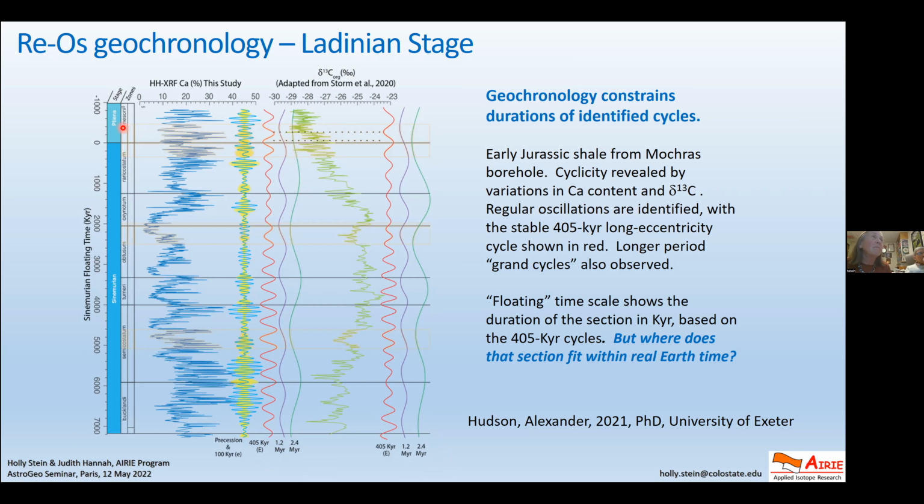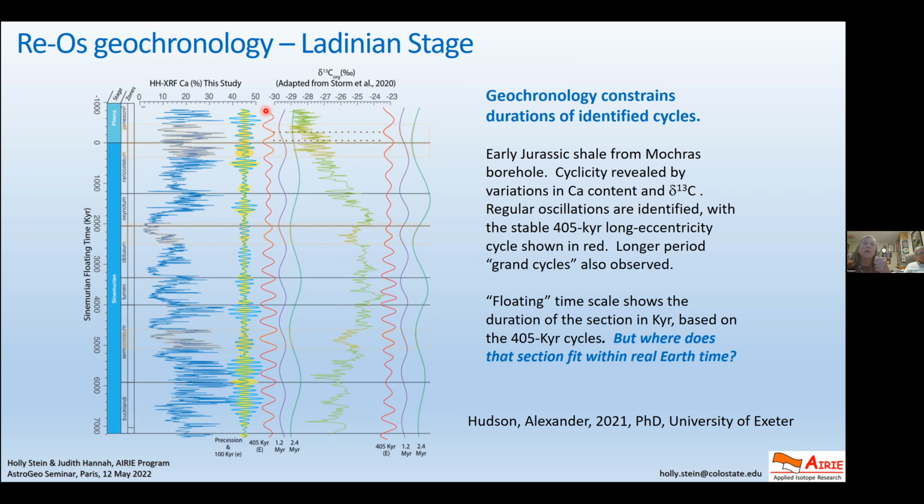We know roughly from the biostratigraphy and the stages that we're covering something like 8,000 kilo years, I should say, 8 million years through this section. But we don't know where this time scale fits in the real complete time scale.